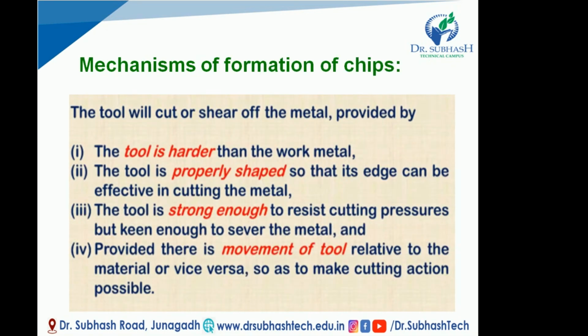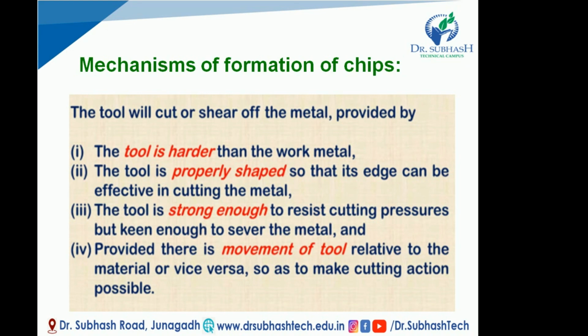These are the mechanisms of formation of the chips. The tool will cut by shearing the metal, which is provided under these different conditions, so we can easily understand the things. If I want to reduce or remove some metal or material from the workpiece, then it is necessary that the tool is harder than the work metal. Understand?